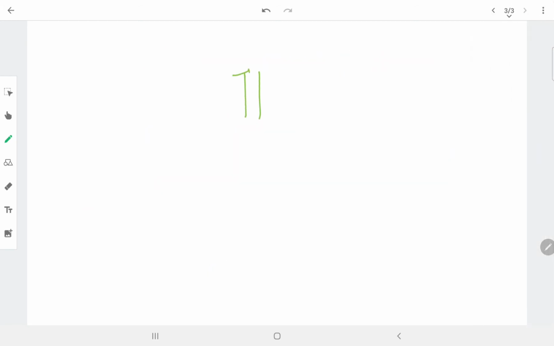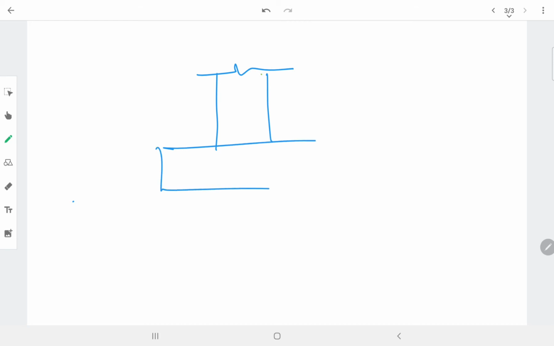Okay, I'll show you the figure. Suppose this is the column and this is the footing. Whenever the force is acting, it will be evenly distributed and the upward intensity of pressure will be distributed evenly.